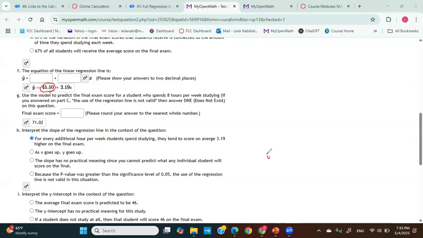When you have y hat equals 45.5 plus 3.19x, if you replace the x by 0, what happens? 3.19 times 0 is just 0. That means you receive y hat 45.5. That means your y-intercept is exactly your predicted y value, or the predicted final exam score.